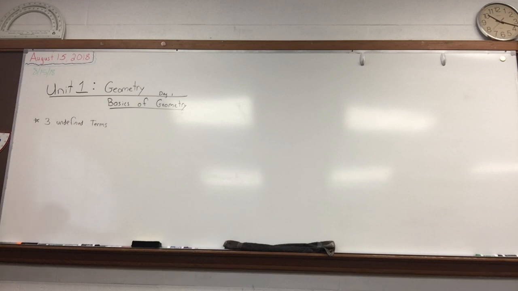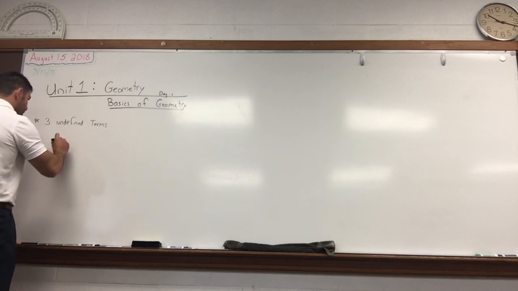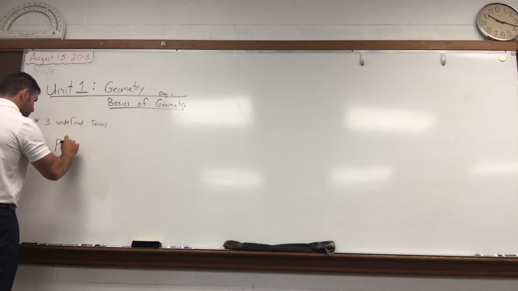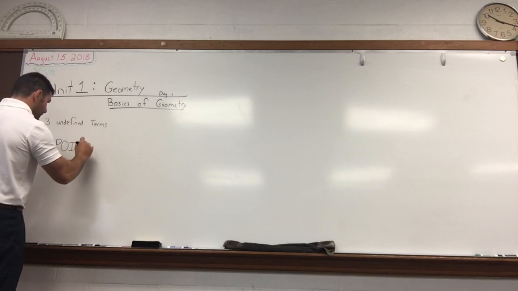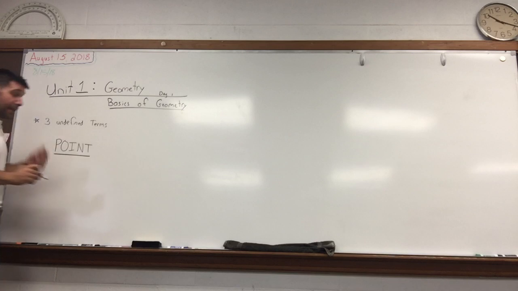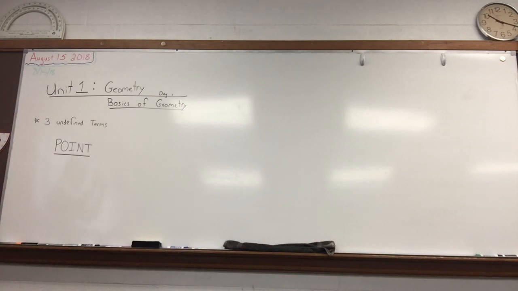So our first undefined term that we're going to talk about. Notice here's my edge. I'm just going to bump in a little bit. Just a little bit. And I'm going to put the word all in capital. Point. And I underline it. This is going to be my first definition.